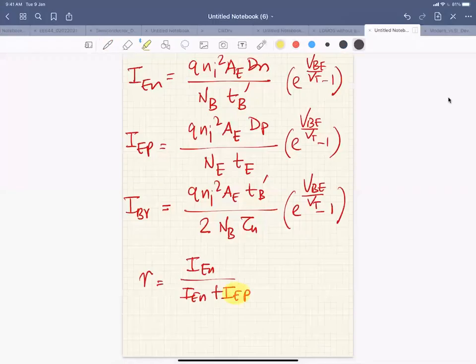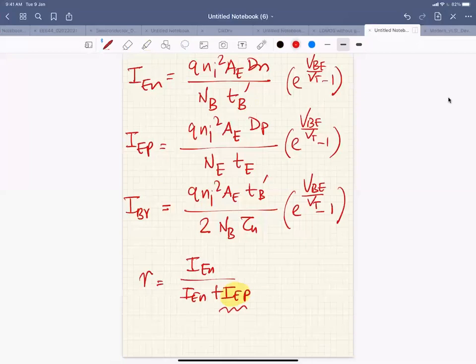Basically, injection efficiency: total current is IE, and how much percentage of IE is IEN. That is the injection efficiency, because this is the useless component. It is not coming in the collector current, but it is unnecessarily increasing IE. This is also increasing IB, the base current, right?